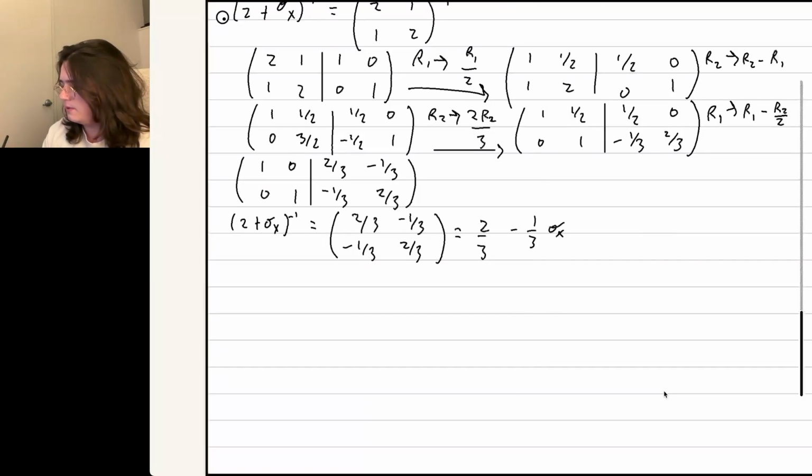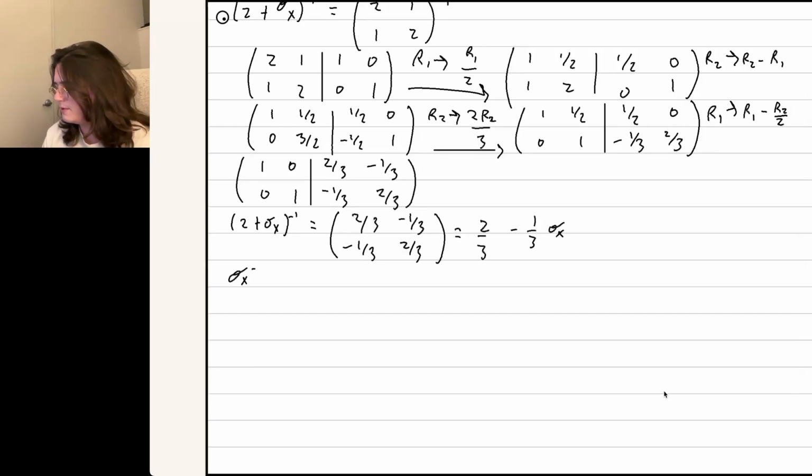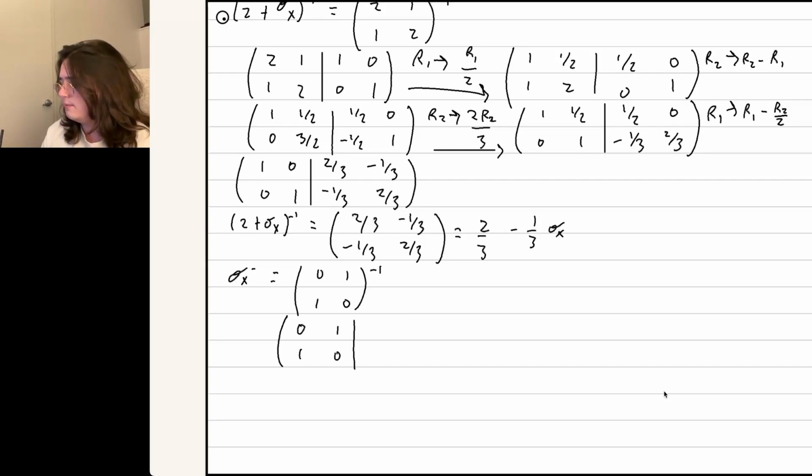Let's keep going. The last one was just the inverse of sigma x. So we're going to be doing pretty much the exact same thing, except I think this one's just going to be a bit shorter. So setting it side by side with the identity matrix will look something like this. And then we're going to say row 1 will go to row 1 plus row 2.